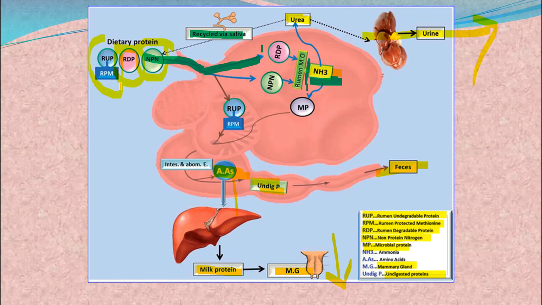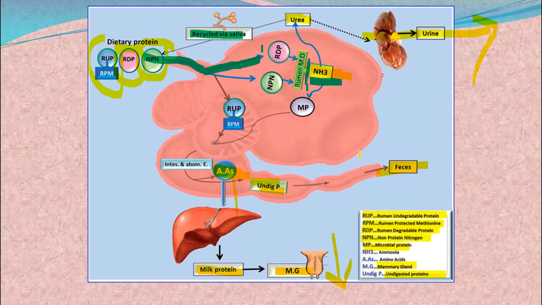Once again, rumen undegradable proteins, rumen protected methionine, rumen degradable proteins, and non-proteinous nitrogen are all entering the rumen, whereas the rumen degradable proteins become the substrates for the ruminal microflora. Then they become amino acids, and the microflora produce ammonia. Ammonia is also converted to urea, and urea is recycled via saliva and urine.